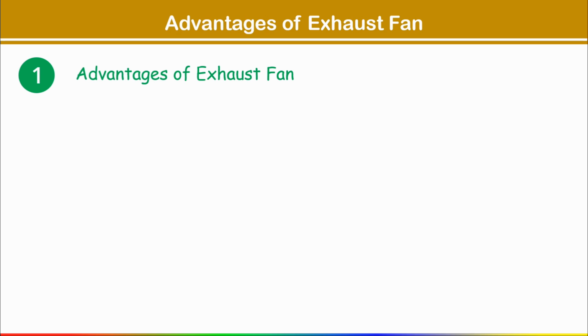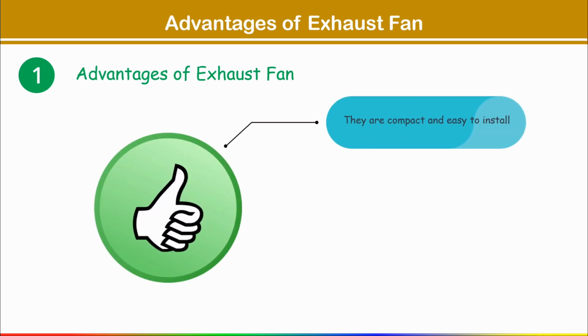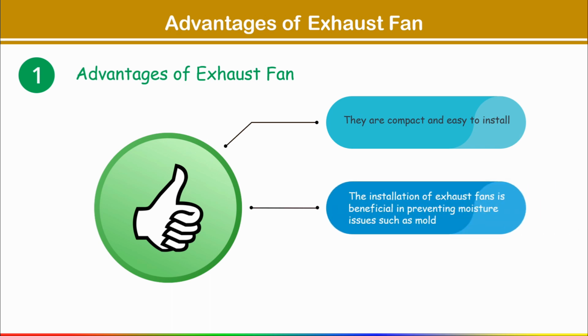Now here, see, what are the advantages of using an exhaust fan? There are multiple advantages, and we will see some of them here. First, it is written here that they are compact and easy to install. Next, the installation of exhaust fans is beneficial in preventing moisture issues such as mold, etc. It can remove the molds and everything.